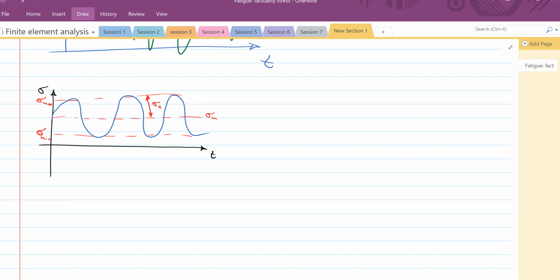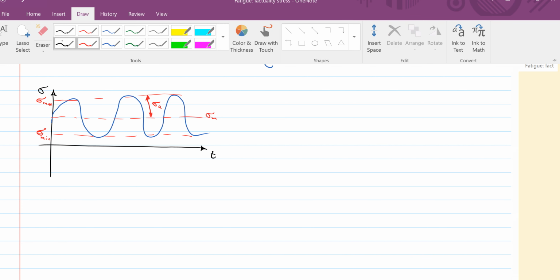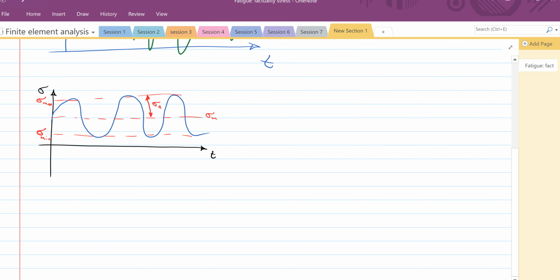The relations between these parameters are as follows. For mid-range stress, which we show as sigma m, we can find it by this formula, the average of sigma max and sigma min. You can get mid-range stress.